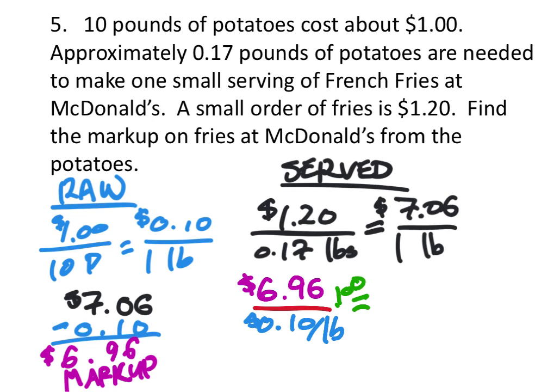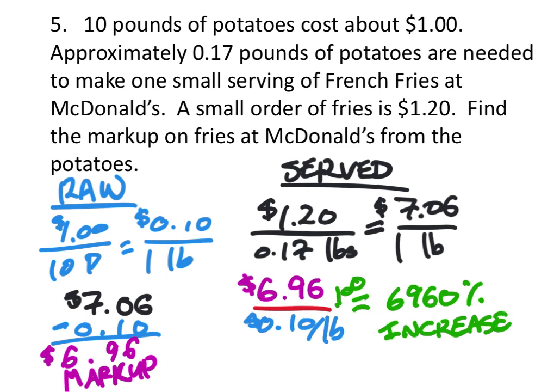So 6.96 divided by 0.1, that's 69.6. But after multiplying that by 100, you get a 6,960% increase in the price, right?